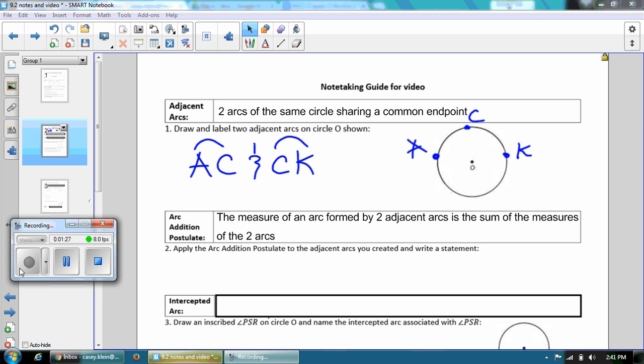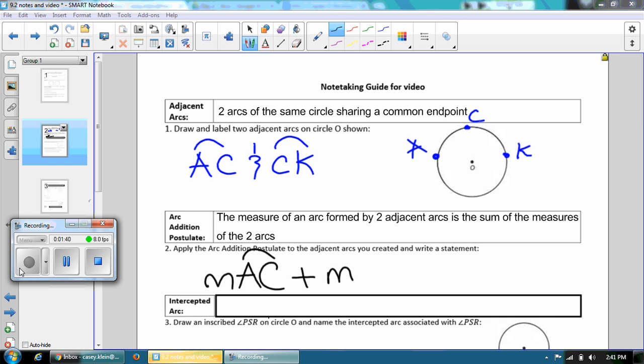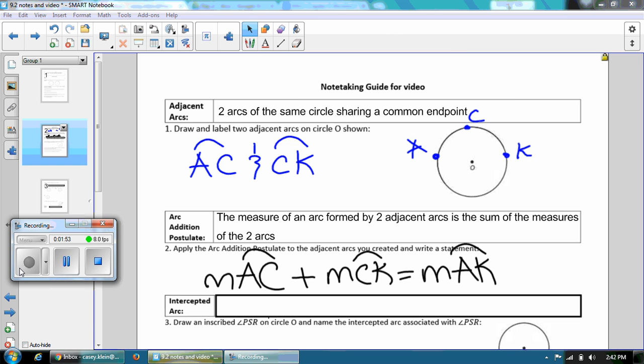To apply the arc addition postulate and to write the statement, you would write the measure of arc AC, make sure you label it properly, plus the measure of arc CK would give you the overall measurement of arc AK. I'll give you a second to write that down.